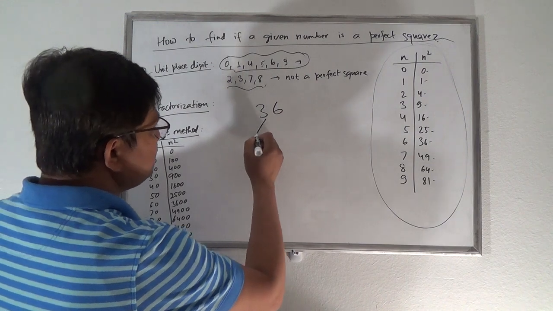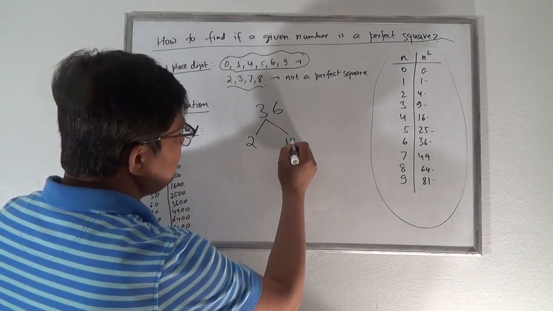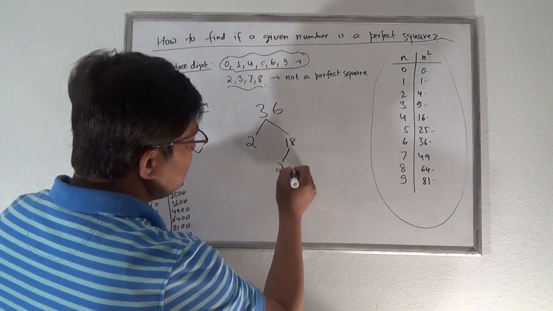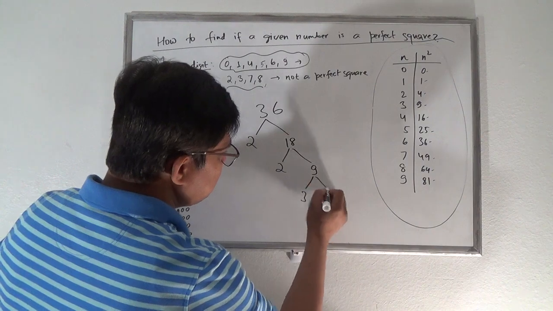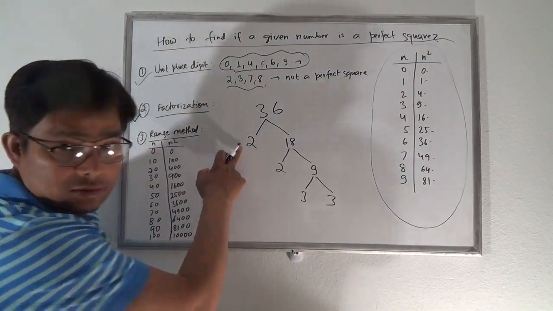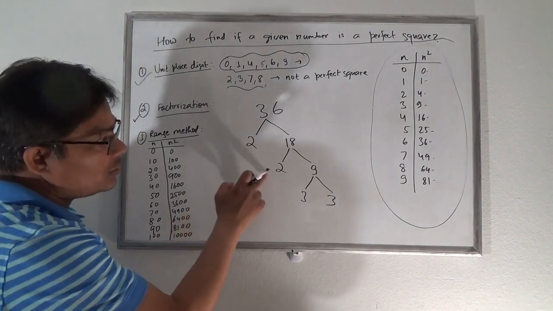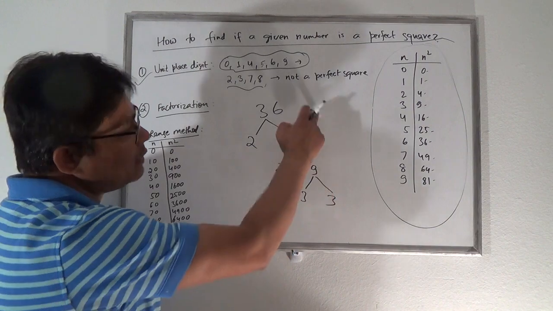Let's start with the same tree approach: 2 times 18, 2 times 9, and then 3 times 3. Now what you have to do here is use only prime numbers. Don't use non-prime numbers.